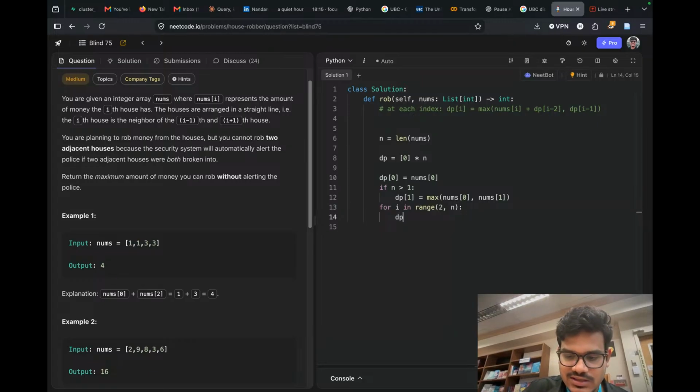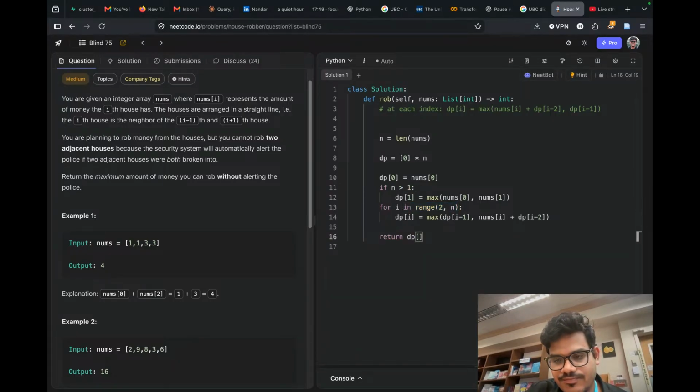Then dp of i is the max of dp of i minus 1, or nums of i plus dp of i minus 2. And then we just return dp of minus 1.